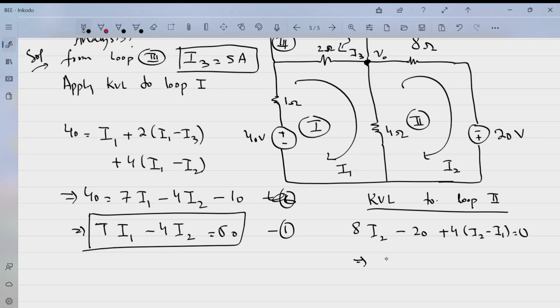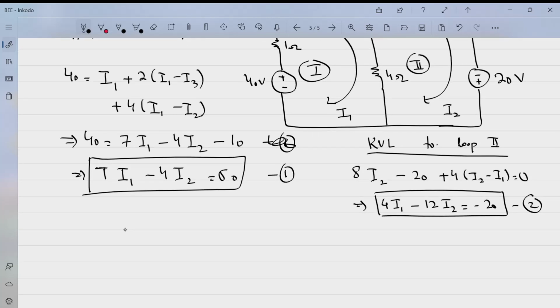So this becomes 4I1 minus 12I2 plus 20 is equal to 0, or you can say is equal to minus 20. This is your second equation. So you have two equations, 7I1 minus 4I2 is equal to 50 and 4I1 minus 12I2 is equal to minus 20. So from these two equations you can get the values of I1 and I2.